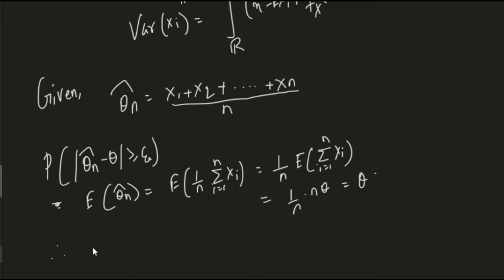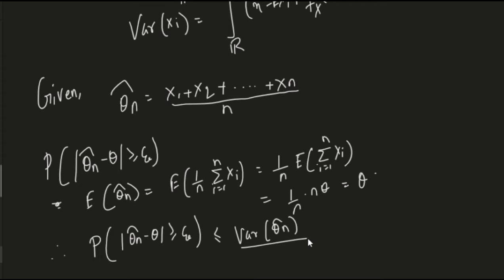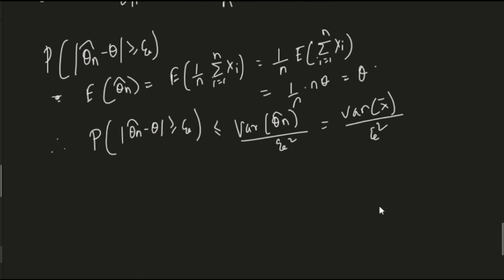Therefore using Chebyshev's inequality we have, less than or equal to variance of theta n by epsilon squared, and now variance of theta n is basically variance of X bar by epsilon squared. Now what is variance of X bar?